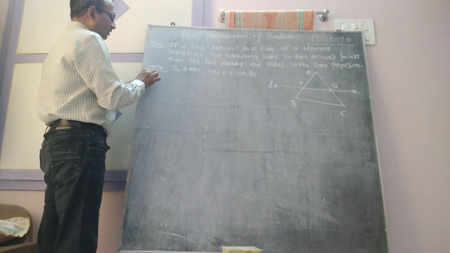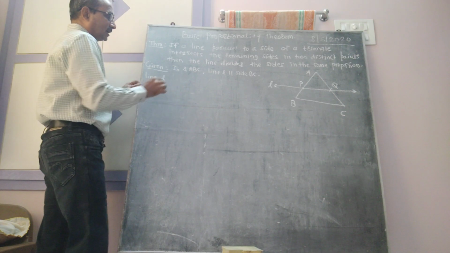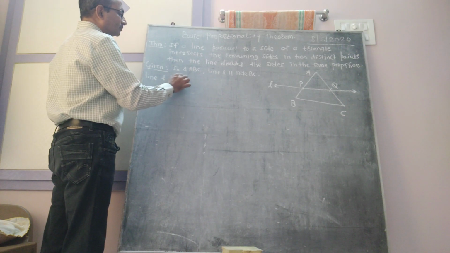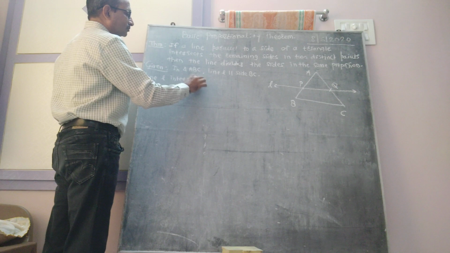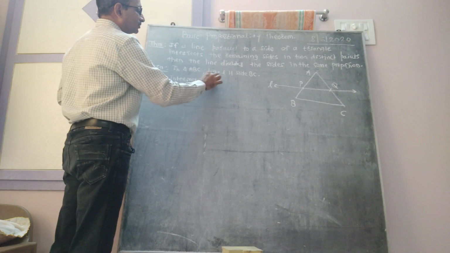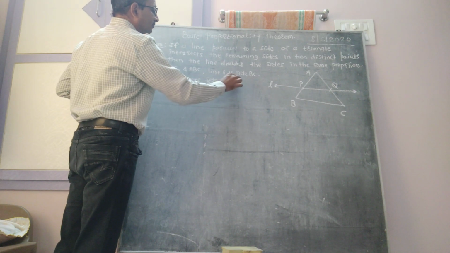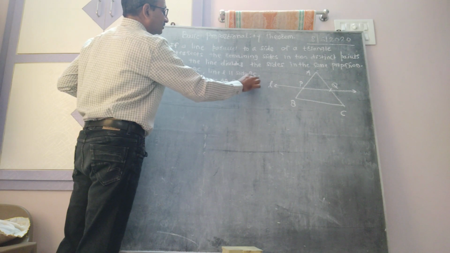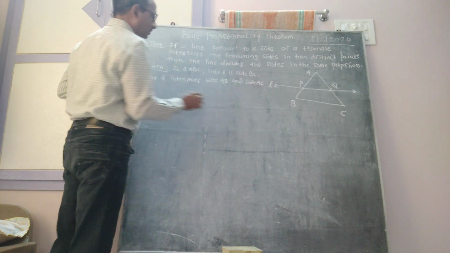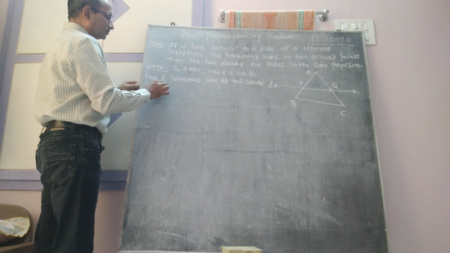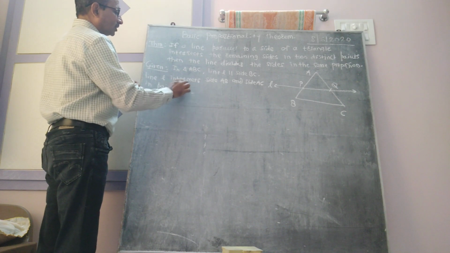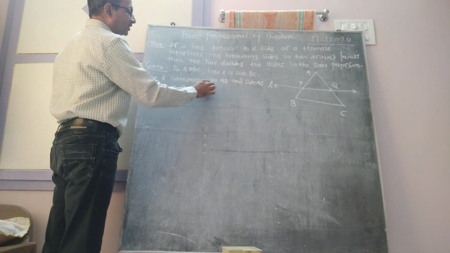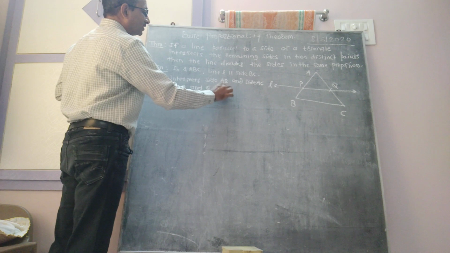Also, line L intersects side AB and side AC in points P and Q respectively.